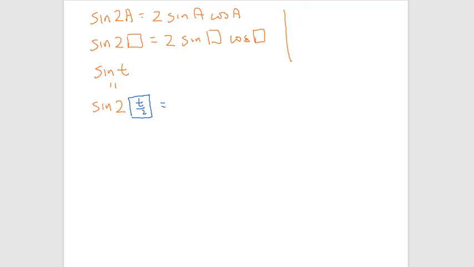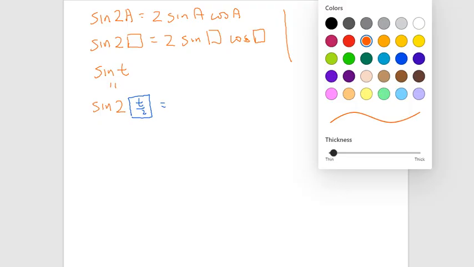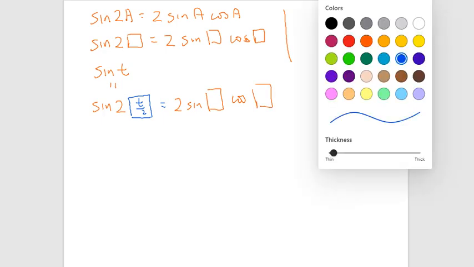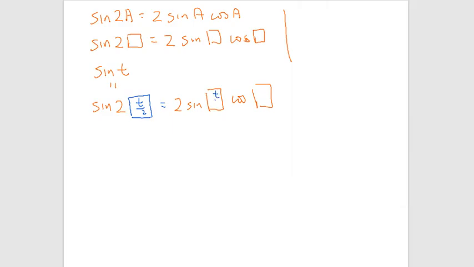So it's actually 2 sine box and cosine box, and we fill in t/2 in each box. Each box you fill in the same expression.